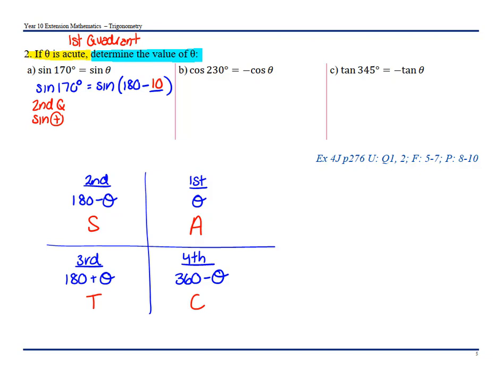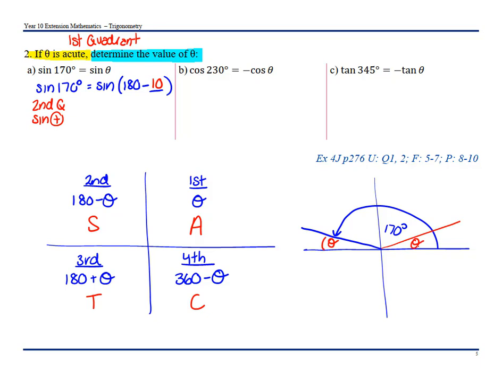If I start here and I go all the way around 170 degrees, so this is my line. What I'm trying to do is work out what that angle there is, because that will be the equivalent acute angle in my first quadrant. So sine is positive in my second quadrant, so it's going to be equivalent to sine of 10. So therefore, theta equals 10 degrees.